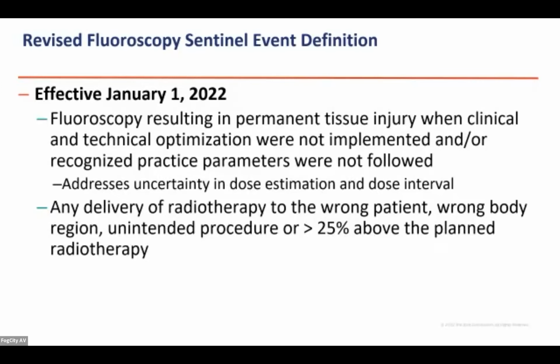So we did some looking and review, and I'll give you the background document that we use mostly in the next slide, but not yet. We now have the definition of a sentinel event for fluoroscopy as being one that results in a permanent tissue injury. And here's the kicker: when clinical and technical optimization were not implemented or recognized practice parameters weren't followed.